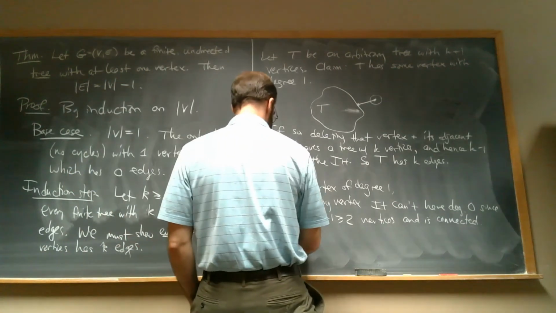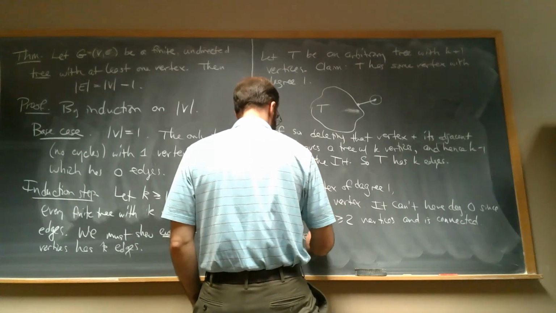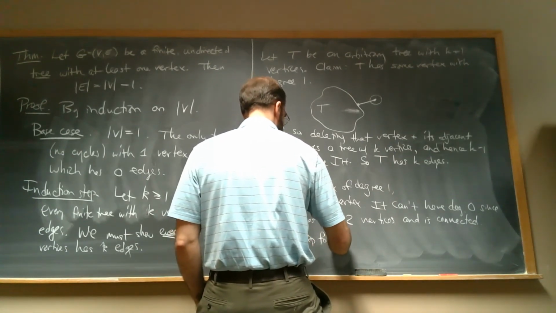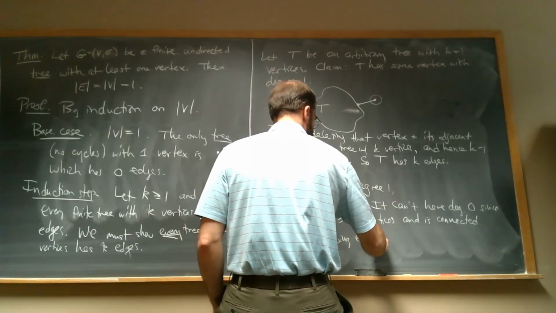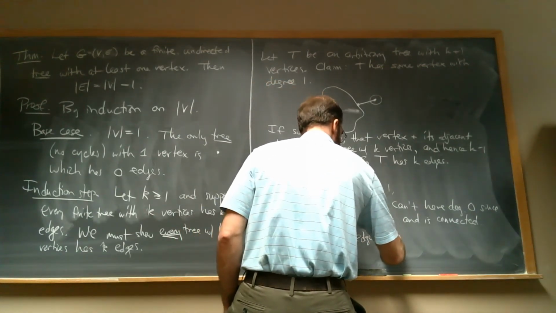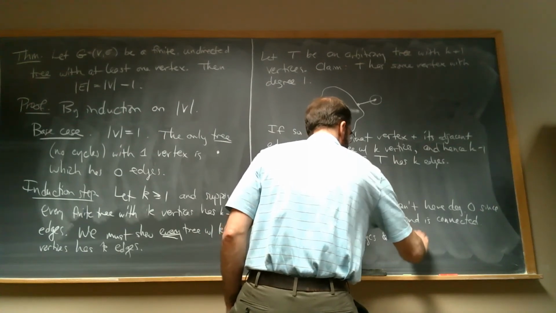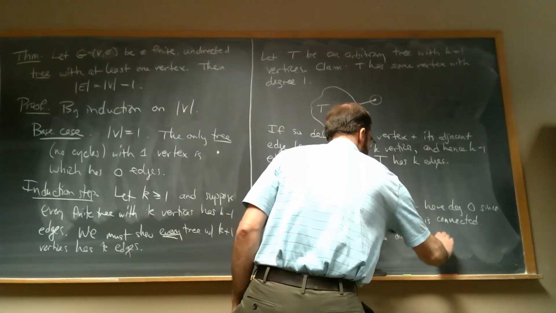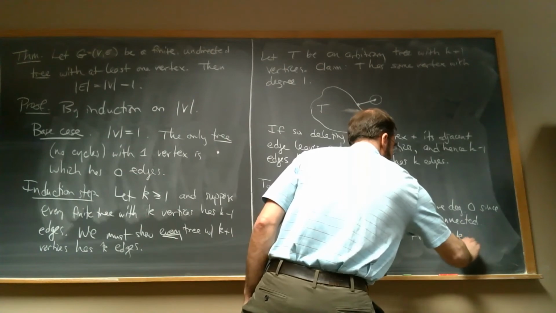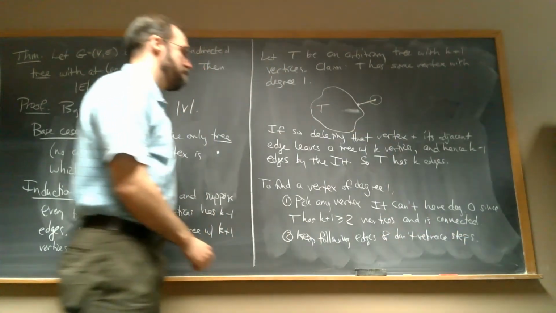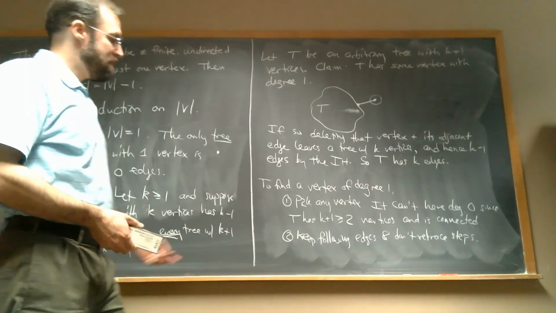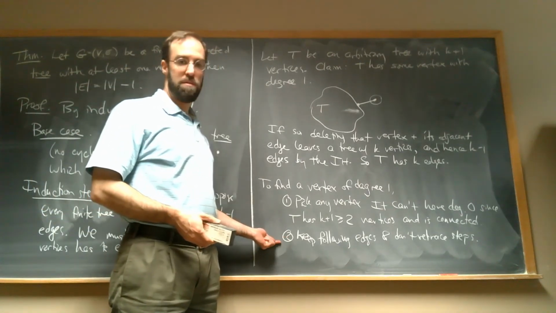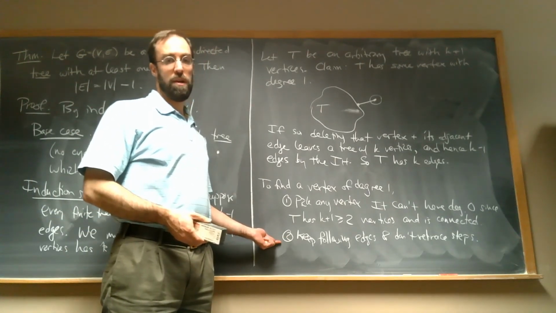Okay, so keep following edges, and I'll say don't retrace your steps. Okay? And I claim that eventually, if you keep doing this, you're going to come to a vertex with degree 1.